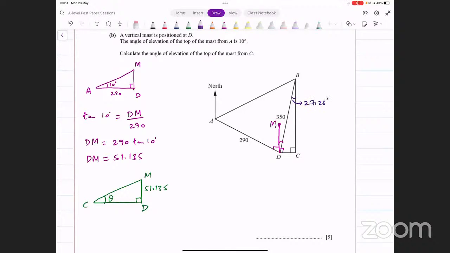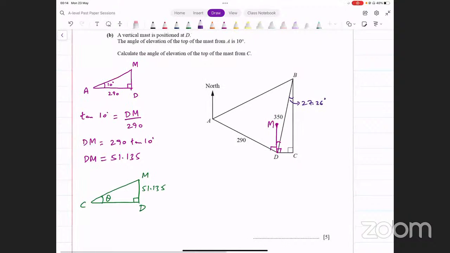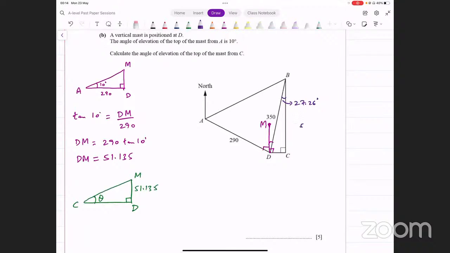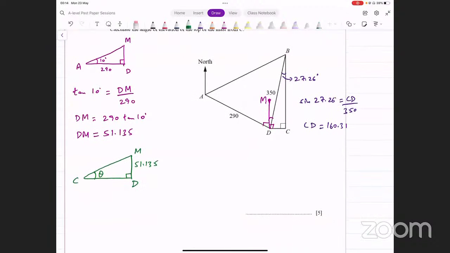So we can find the DC length from here. DC is the perpendicular, the opposite side with respect to that angle, and 350 is the hypotenuse. The ratio for perpendicular and hypotenuse is sine of 27.26 degrees, which should equal perpendicular, which is CD, over the hypotenuse, which is 350. That gives the value of CD. 350 into sine of 27.26 turns out to be 160.31.